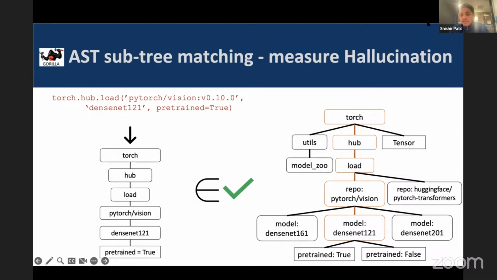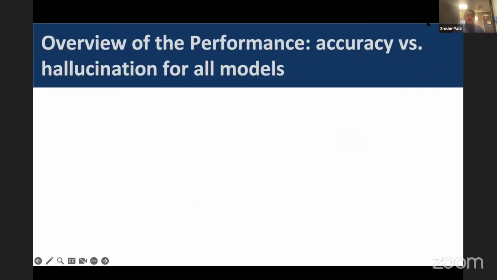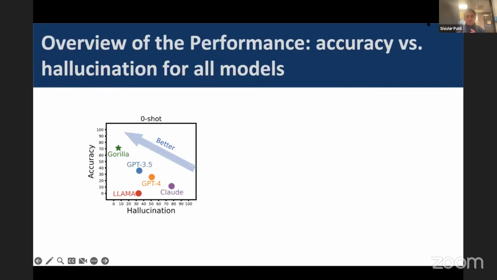And by doing this, I can actually measure my extent of hallucination, right? So let's look at how well the model performs using these two metrics. On the y-axis, I have accuracy, and on the x-axis, I have hallucination. And to repeat, one does not mean the other, right? To give an example, suppose I want to send $100 to Shri. I can use a PayPal API, which would be the accurate way to do that.